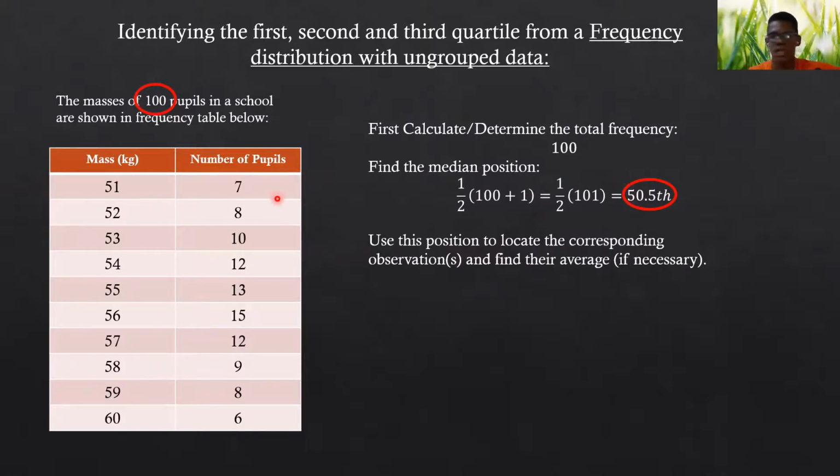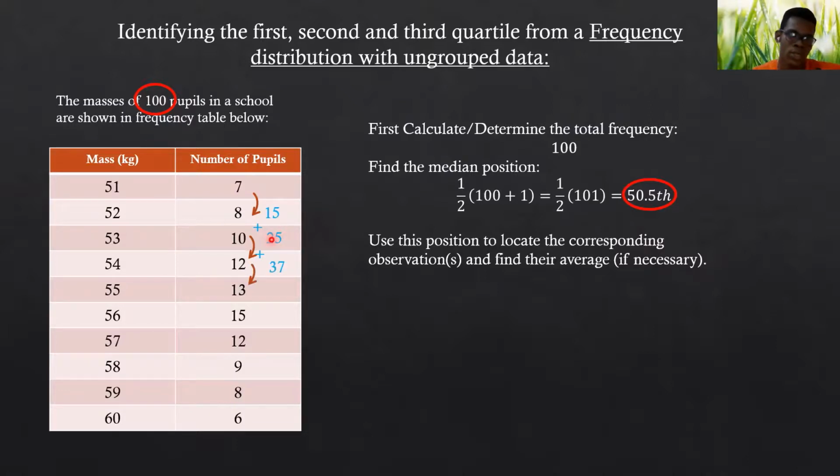So let's look at our frequency column, the number of pupils, and get the cumulative frequency and add until we reach a value more than or equal to 50. So 7 plus 8 is 15, 15 plus 10 is 25. Easier to just add. Coming down, 25 plus 12 is 37.